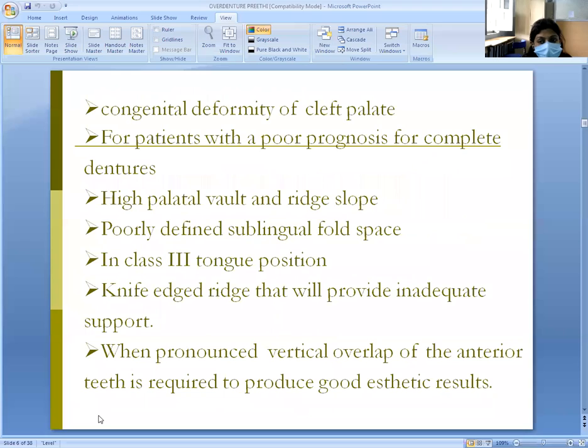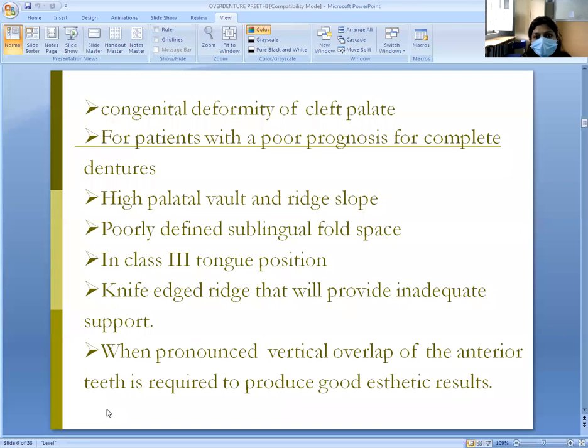We can give the overdenture with the help of remaining teeth. Then congenital deformity, cleft palate. In case of cleft palate, there is loss of some or many teeth, and the missing segment of the palate can be replaced with the help of the remaining present teeth.